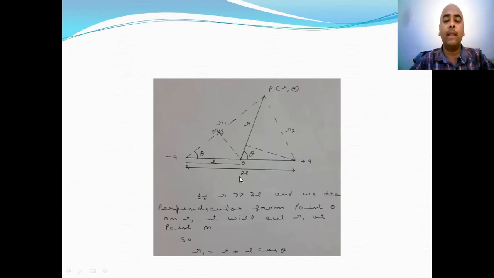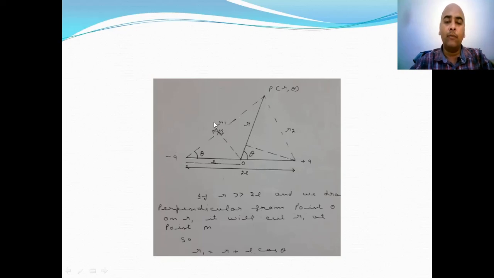If we suppose that the distance r is much greater than 2l, and we draw a perpendicular from point O on r1 which cuts r1 at point M, we can estimate that distance OP is almost the same as distance MP. That is, OP is equal to MP.